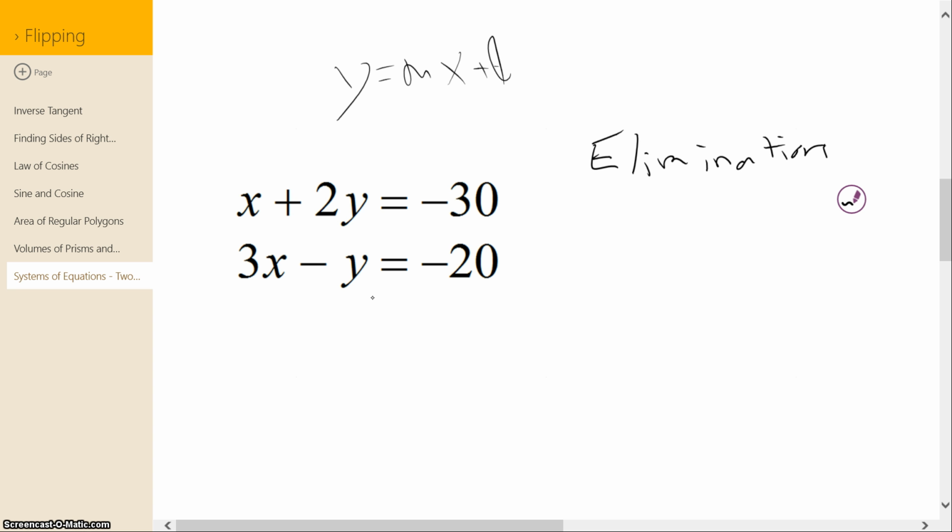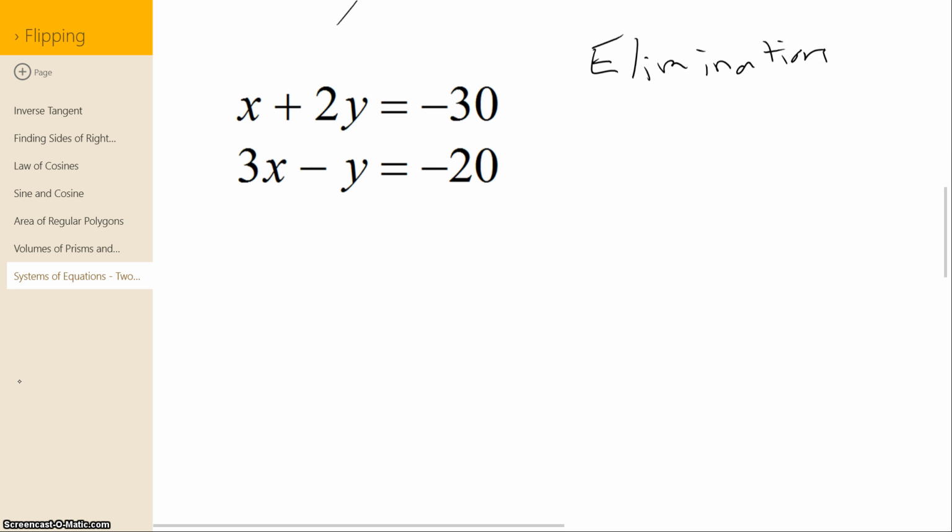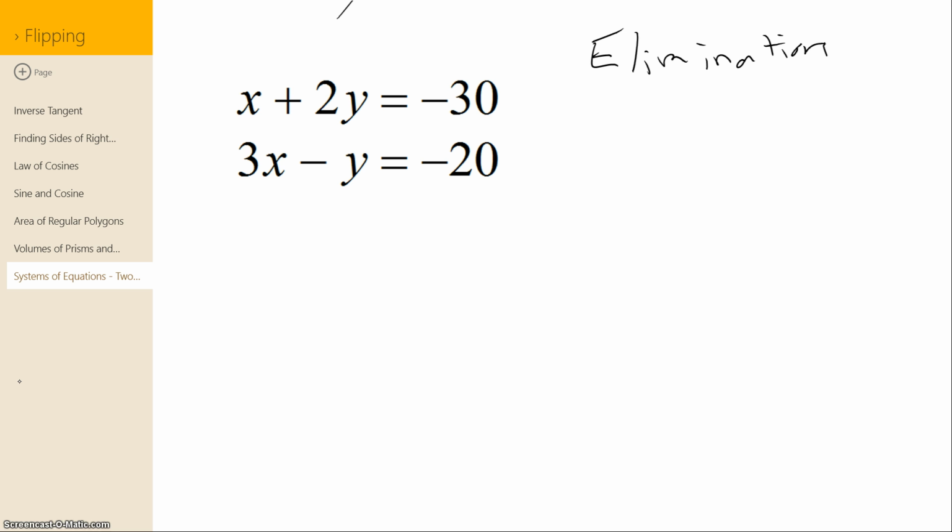In order to do this, what we're going to do is get either the x or the y down to 0. We're going to cut it out. We're going to combine the two equations into one, and then we're going to be left with just one variable, and we can solve for that variable. So let's try it out.